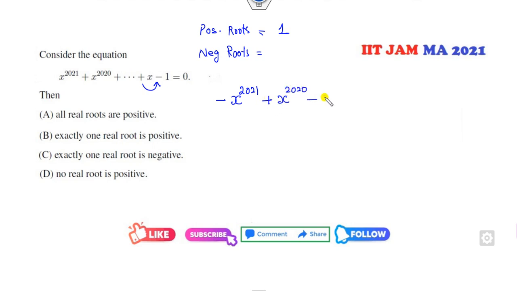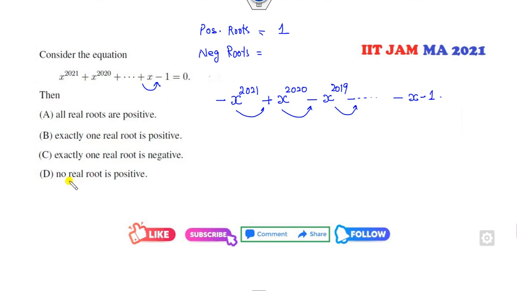Then it will be negative 2019 and so on. The last term will be minus x minus 1. So there is an alternating change in sign. Can you find the number of negative roots?